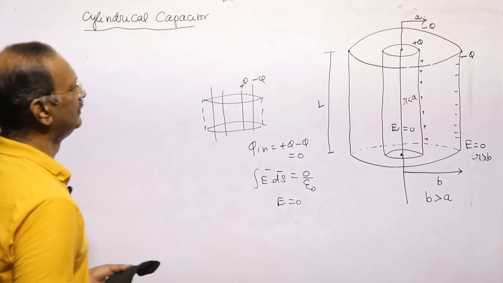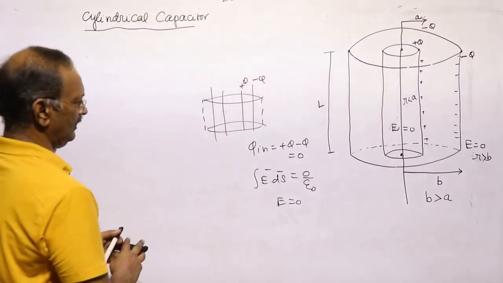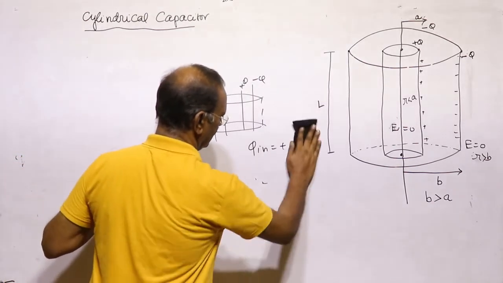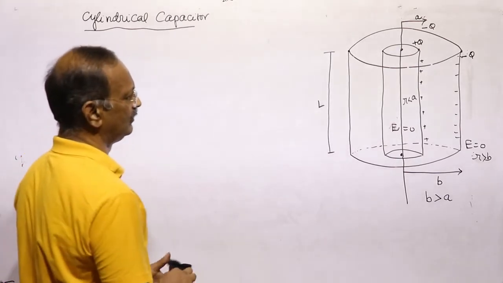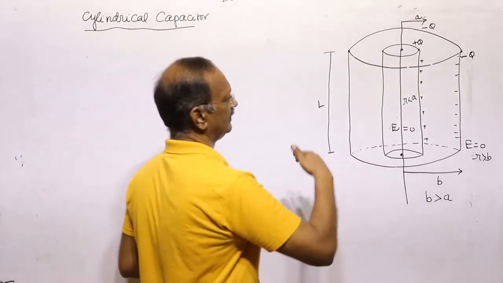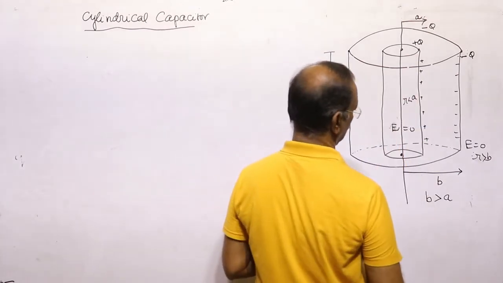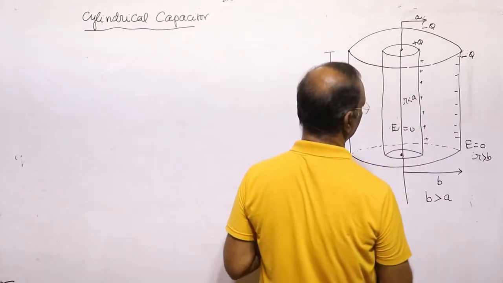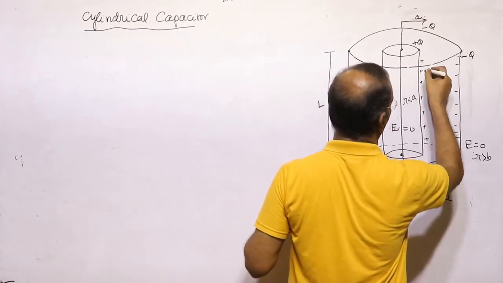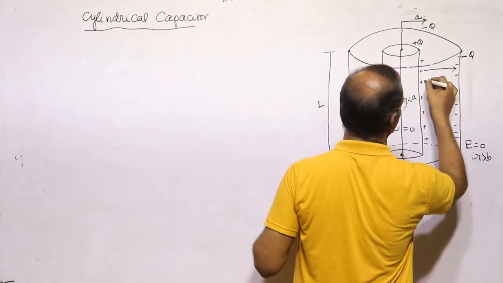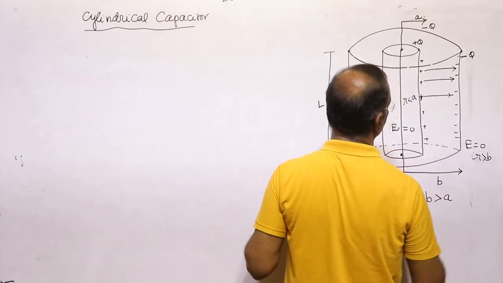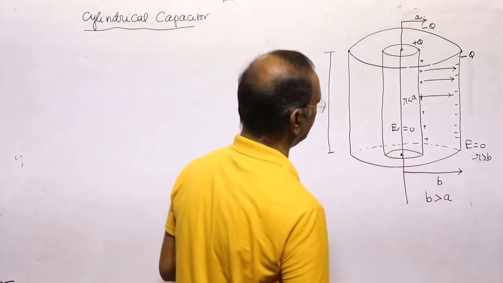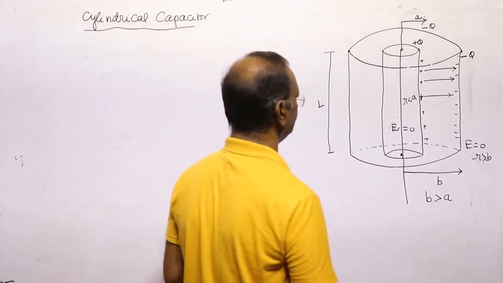We have already found that the electric field inside the inner cylinder and outside the outer cylinder is 0, but there exists an electric field between them. It is a radially outward electric field because the inner is positive and the outer is negative. So the electric field exists radially.